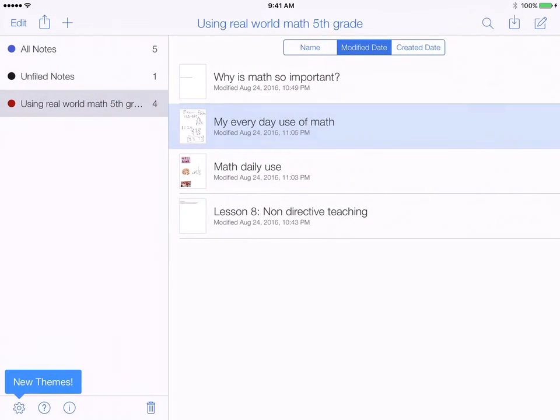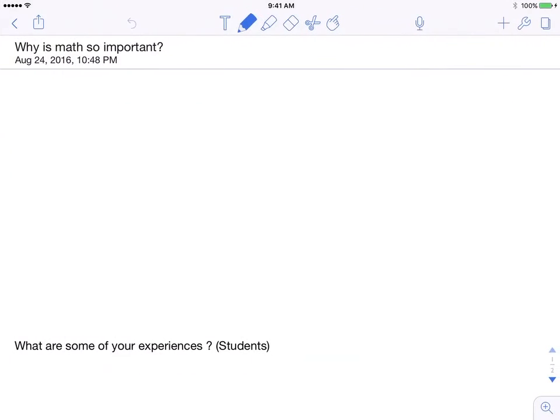Now, why is math so important? I would like you to think of when you have had an experience where math has been important to you and why you think that it will be important in the future. I would like you to brainstorm and talk to your peers and see what each other comes up with on your piece of paper.